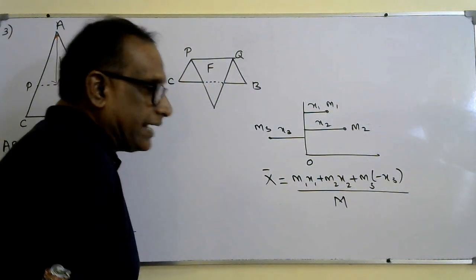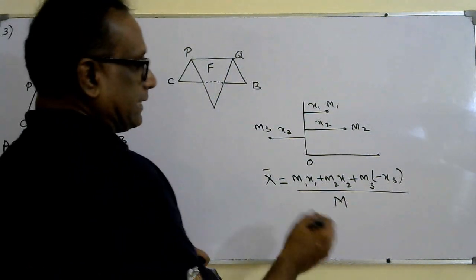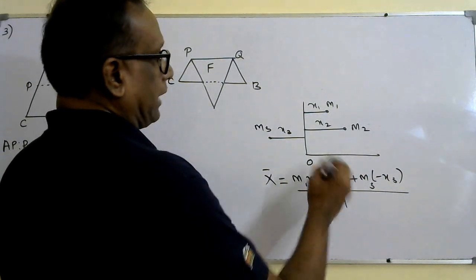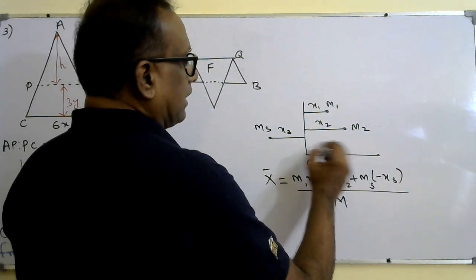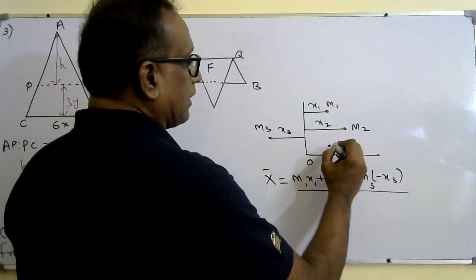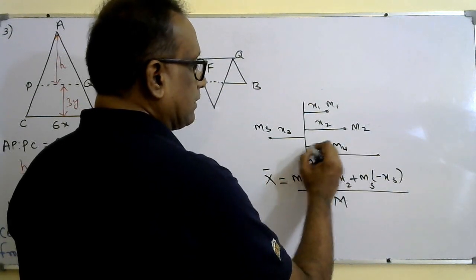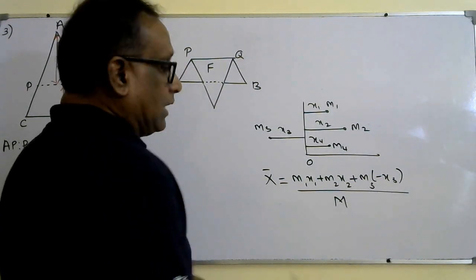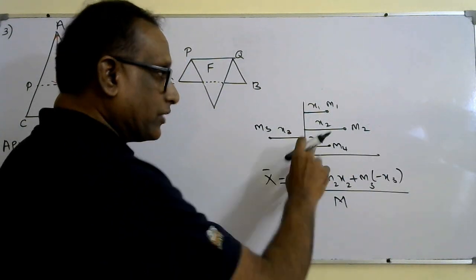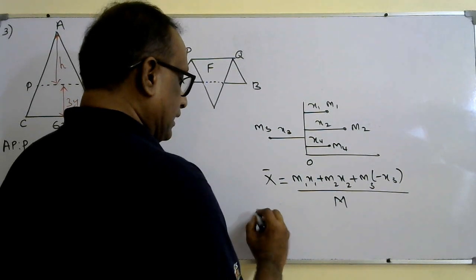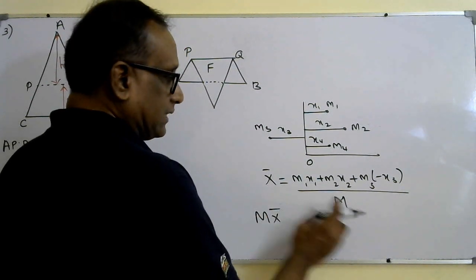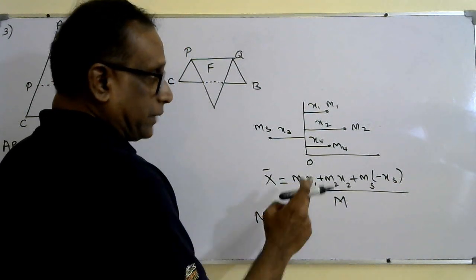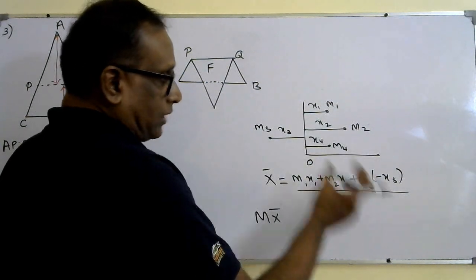Now we are adding another particle, the 4th particle, M4 to the right at a distance x4. What could be the new center of mass? Earlier I explained removing, now we are adding. So we can write M x bar, the initial center of mass when there are three particles M1, M2 and M3, with M the total mass.